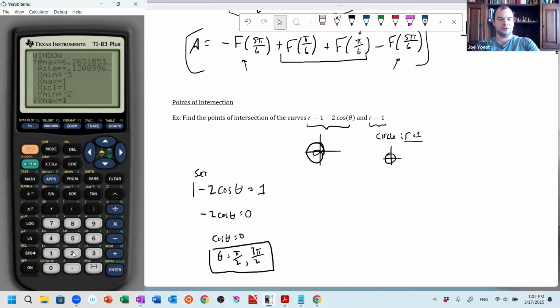Y going from -2 to 2. Then let's graph. That's looking good so far. And there's my circle. Let me zoom square. I'll zoom 5. So my circle looks a little more like a circle.